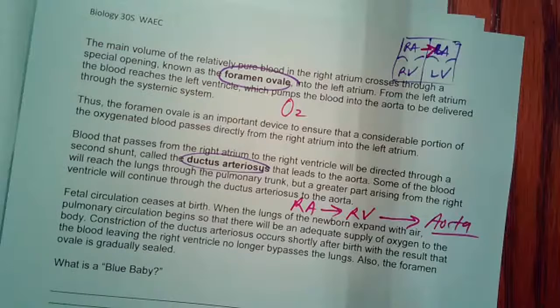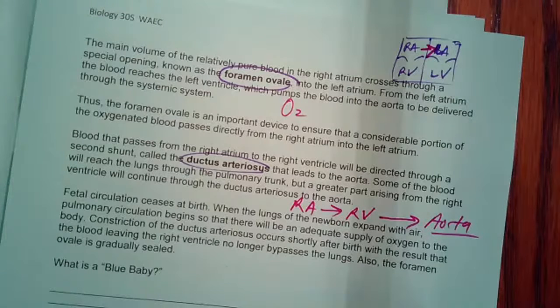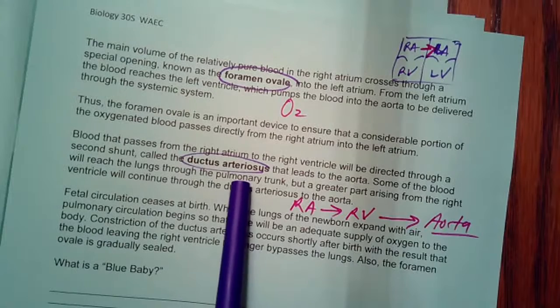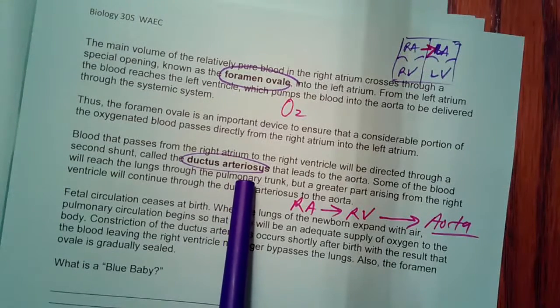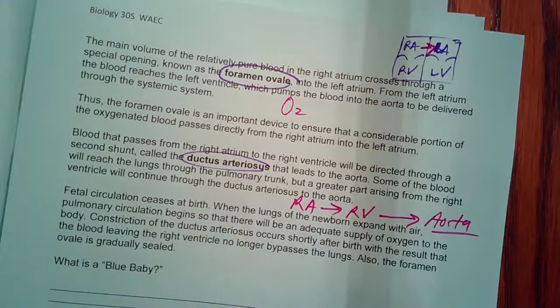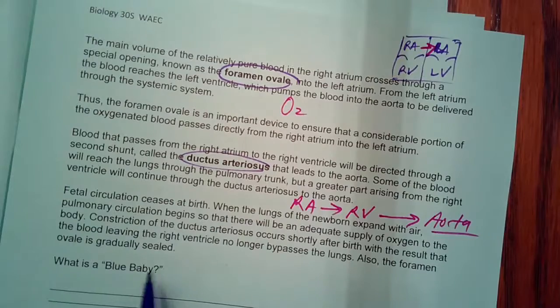When the fetus is born, the fetal circulation stops right away, and the holes are supposed to close right at birth or shortly after birth. In some cases, these holes do not close during birth, and the foramen ovale and the ductus arteriosus cause a mixing of the oxygenated and the deoxygenated blood, causing what we call a blue baby.